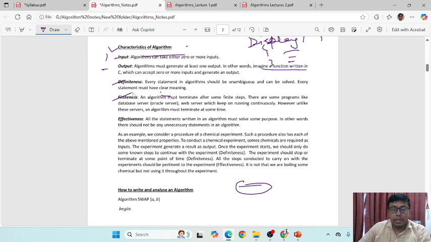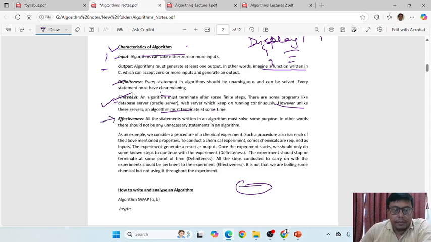An algorithm is unlike that. An algorithm should terminate after finite time. So that is actually the finiteness. An algorithm should be finite. That means it should have a finite number of steps and it should terminate after a finite number of steps.